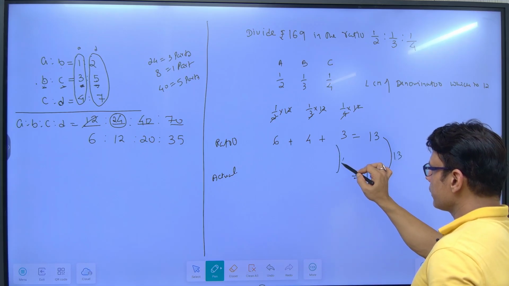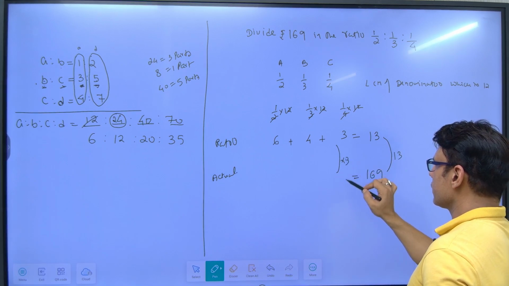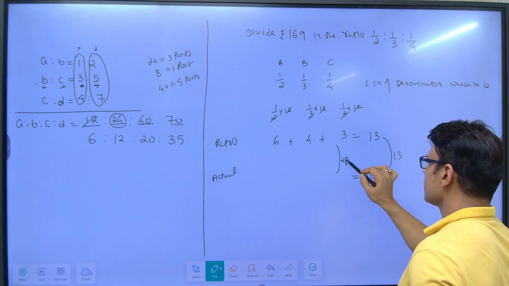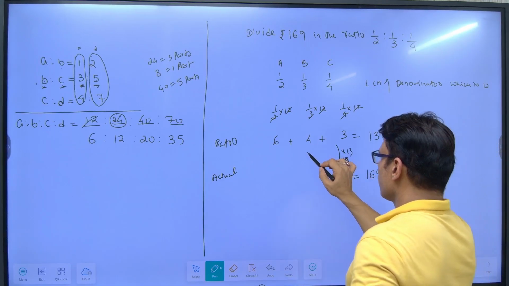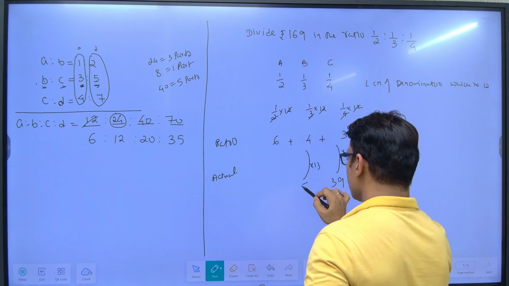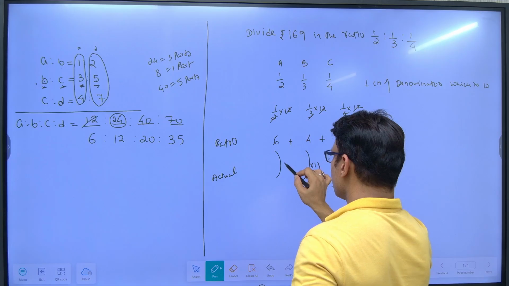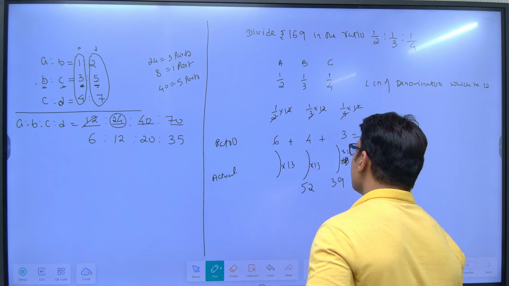So multiply this with 3. So 3 13s are 39. 4 with 13, 52. And 3 13s are 39.